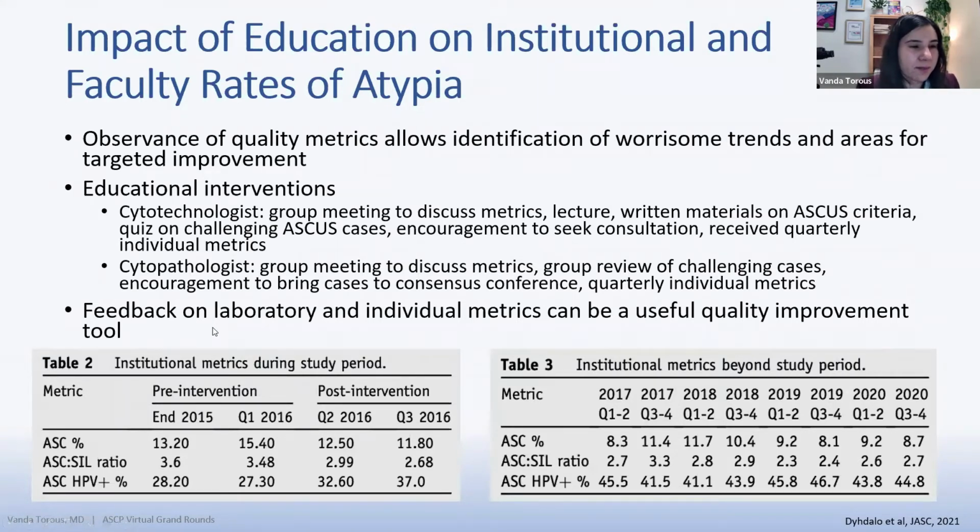By using these, and by having feedback on laboratory and individual metrics, they were able to start going back towards established benchmarks, and you can see how this persisted over time. So this can be a really helpful way to detect if there's a worrisome trend occurring, and then how we can get back towards established norms.